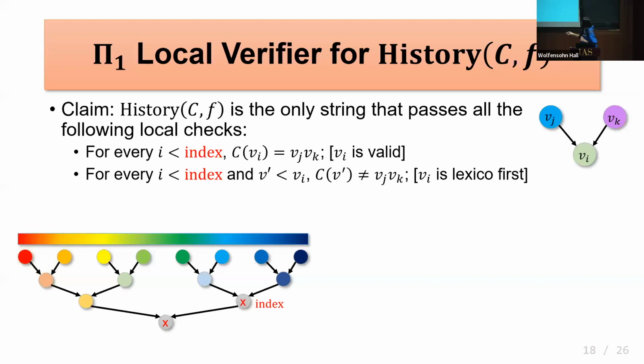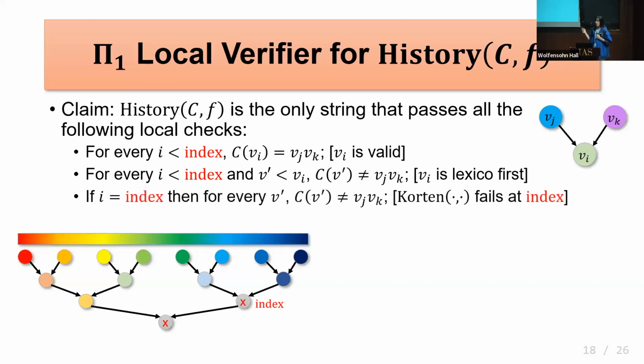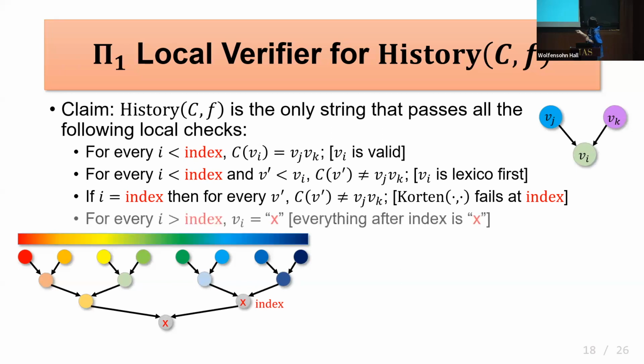So we check the compression at each node before the index. Then we check something at the index node: that it's a non-output. This corresponds to, for every value y prime, y prime is not equal to the output of Korten. And finally, we check that everything after the index is a failure symbol.